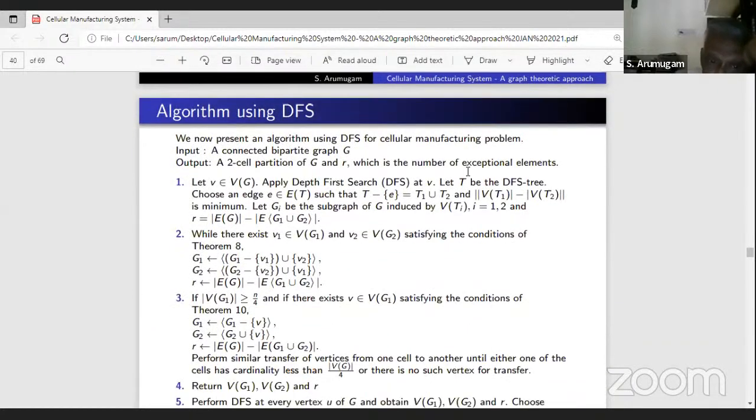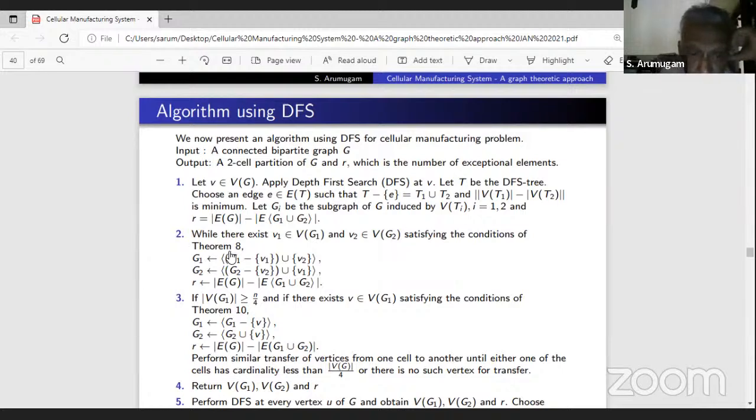So my algorithm is this. This is the final algorithm using DFS for a cellular manufacturing problem. The input is a connected bipartite graph. The output is a two-cell partition and a number R, which is the number of exceptional edges in your solution.